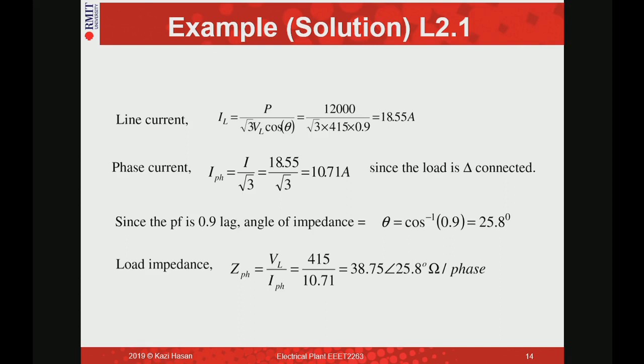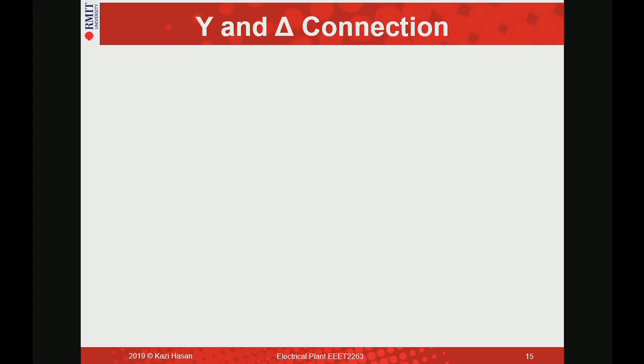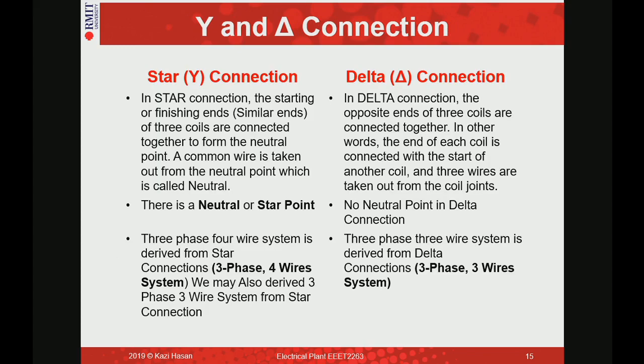So this is three-phase delta connected circuits and the calculation of power, line current, phase current, and impedance. These Y and delta connected circuits, just a little bit of refreshment, like background information, why we are using these.